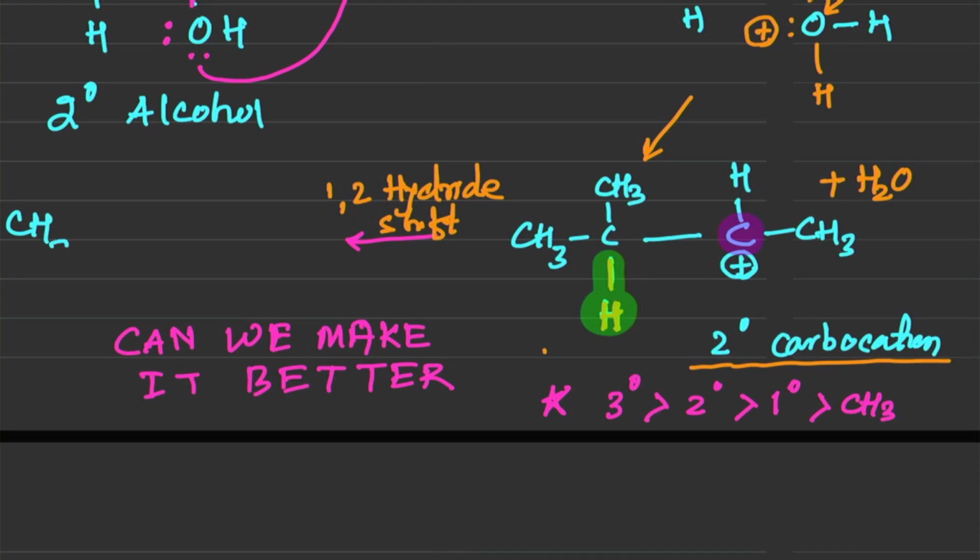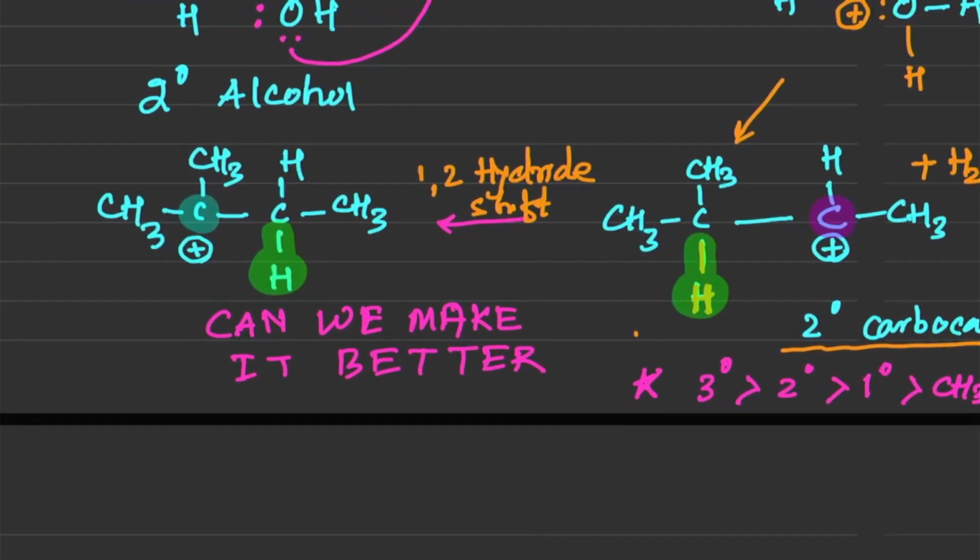So let's see what would happen. We got CH3, CH3, and CH3. What we did was move our hydride from here to here. Now the carbon atom here does not have an octet, so it should have a positive charge.